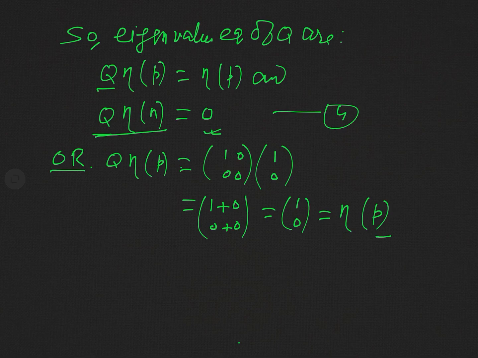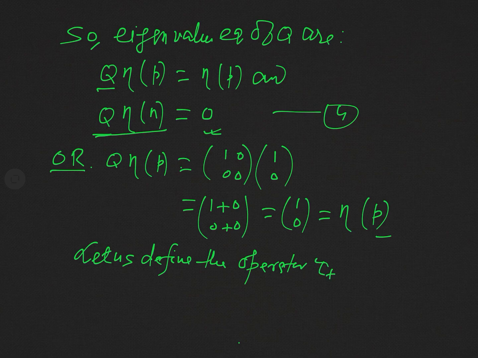These operators have the meaning of increasing or decreasing the charge of the nucleon by 1 unit. Let us define the operators tau plus and tau minus.